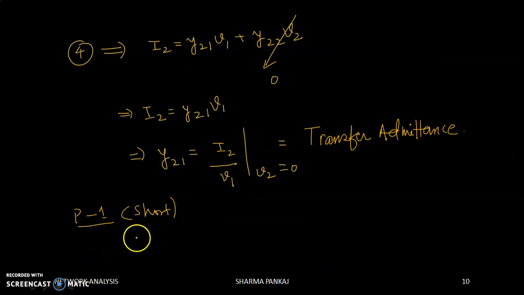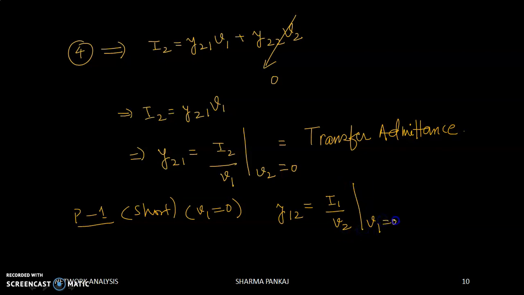If port number 1 is short circuited, V1 will be equal to 0. From equations number 3 and 4, we have Y12 is equal to I1 upon V2 when V1 is equal to 0. This is called transfer admittance.